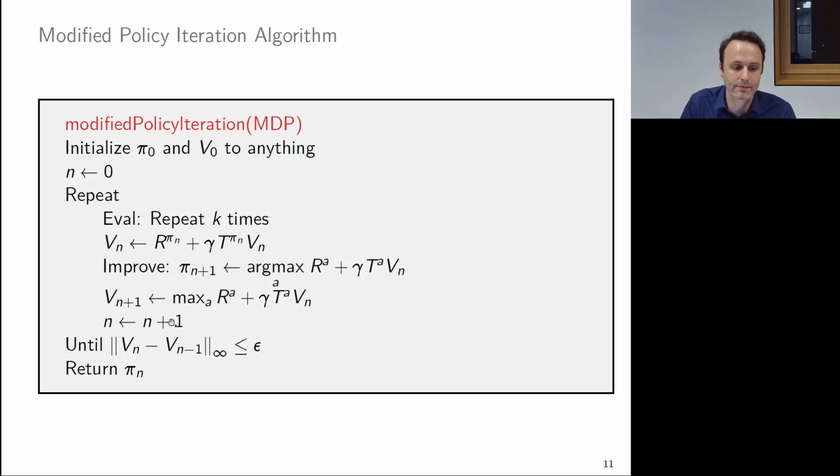And if this value function in the next iteration doesn't change anymore in terms of threshold epsilon, then we stop. So this is similar to what we have seen for value iteration.